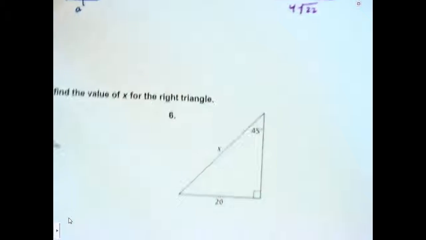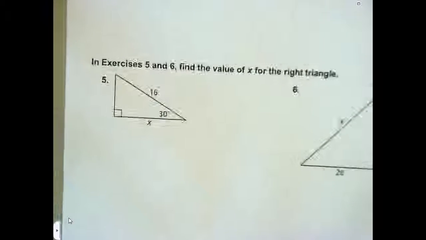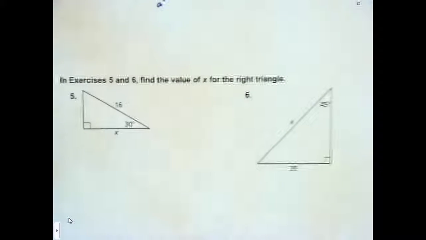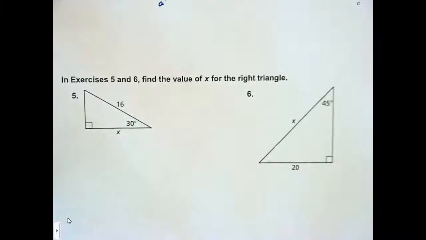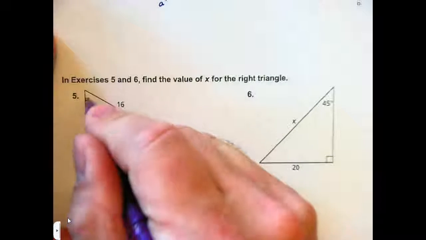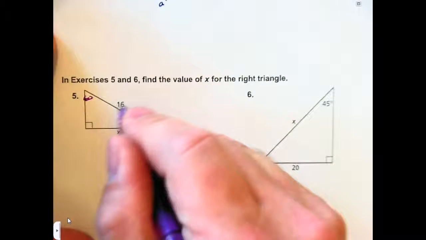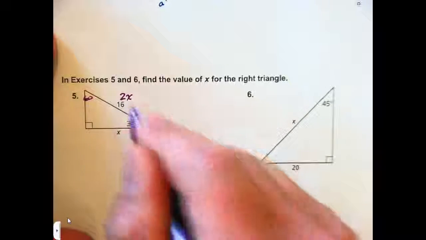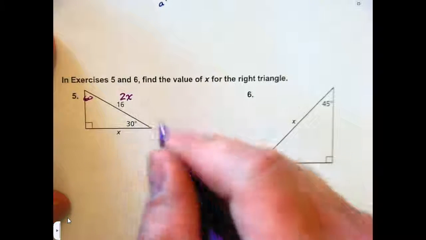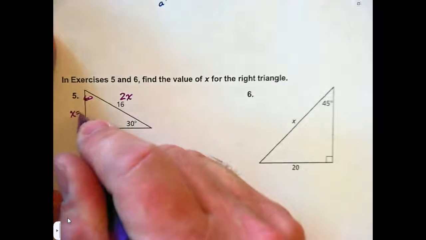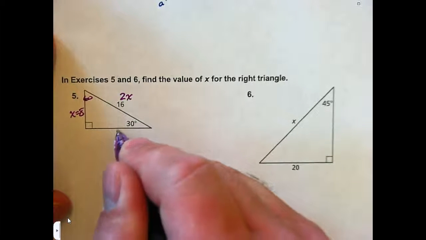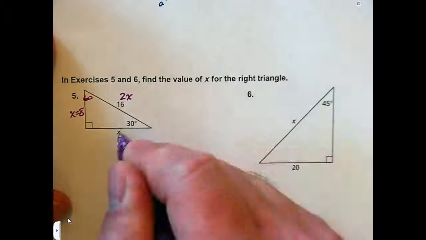Okay, 5 and 6. Go ahead and share your answers with your neighbors. Okay, did anyone recognize these as special? These are special. So 30, 60, 90. Therefore, this has the 2x side. And if 2x is 16, what is x? X is 8. And if x is 8, then this side is 8 root 3.